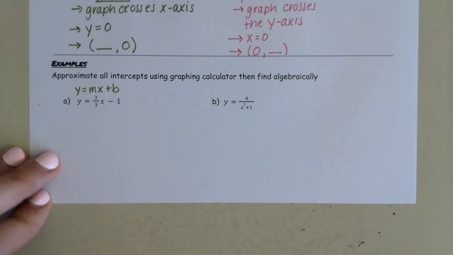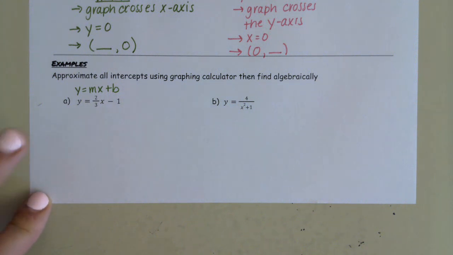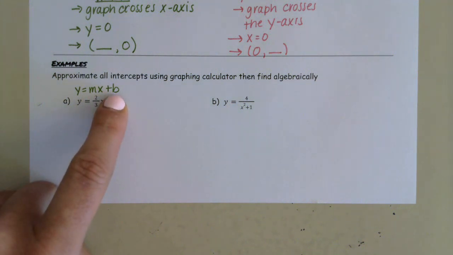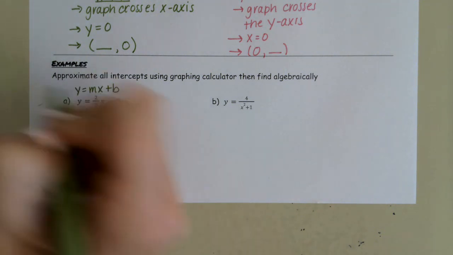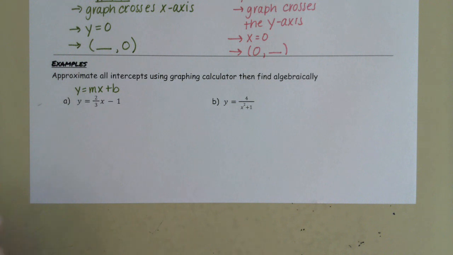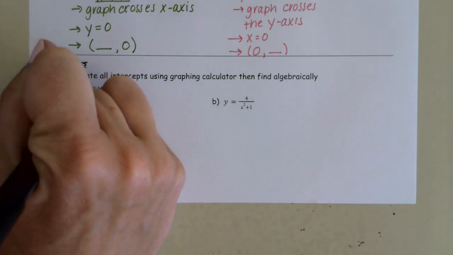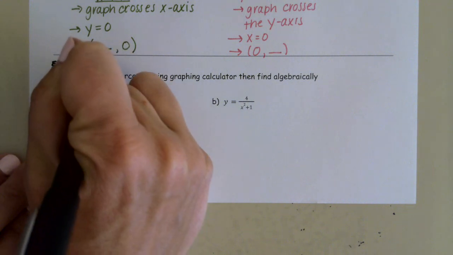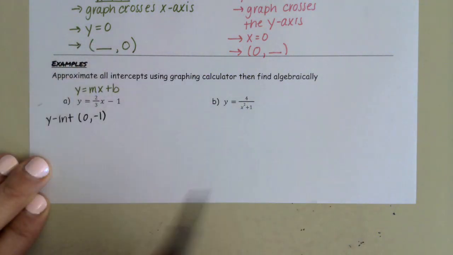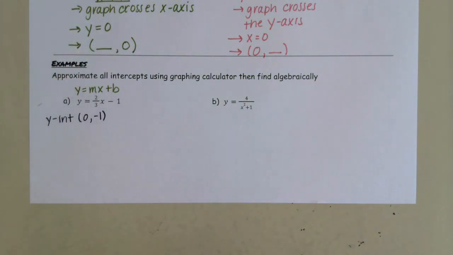That you should recognize right away. We should also know that b is our y-intercept. I know without even plugging anything into my graphing calculator that my y-intercept is at 0 comma -1. That's my y-intercept in y equals mx plus b.